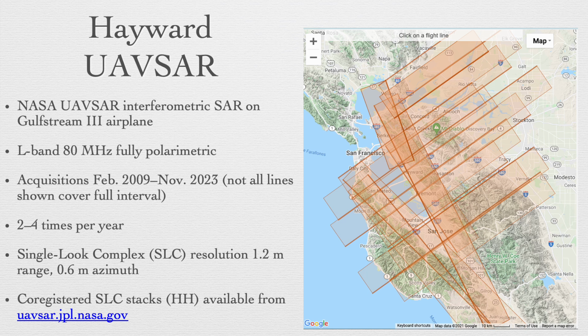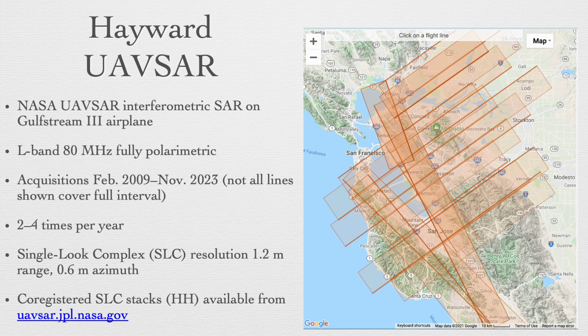It's an interferometric SAR that flies on a piloted Gulfstream 3 airplane. The system is an L-band, 80 megahertz, very high resolution, fully polarimetric radar, and we've been acquiring data over the Hayward Fault since February 2009, with the last acquisition in November 2023. We're hoping for another acquisition later this year.